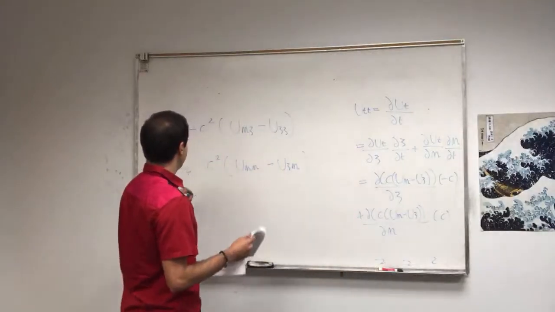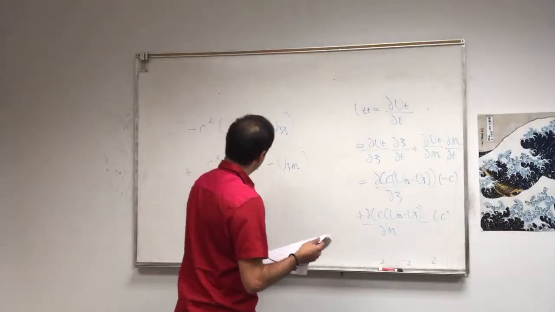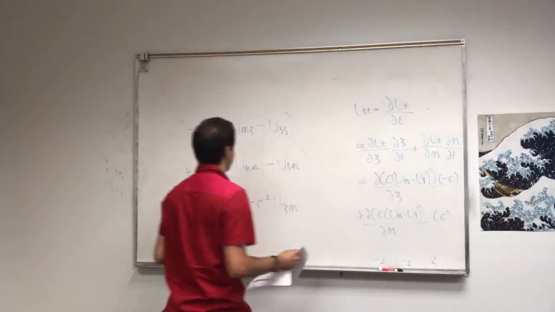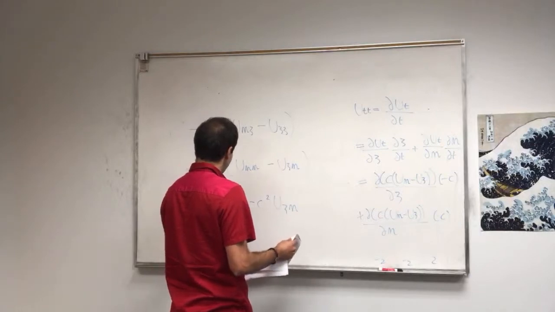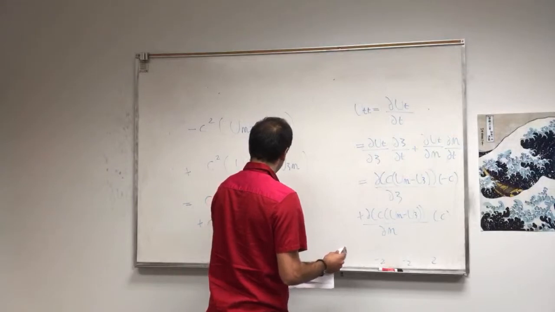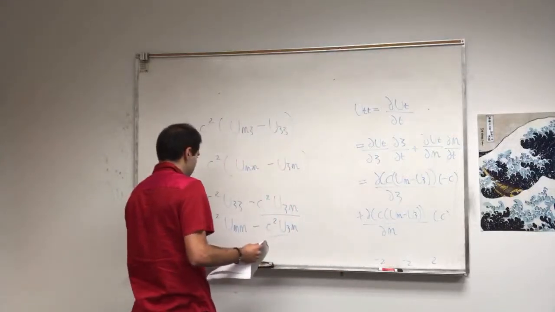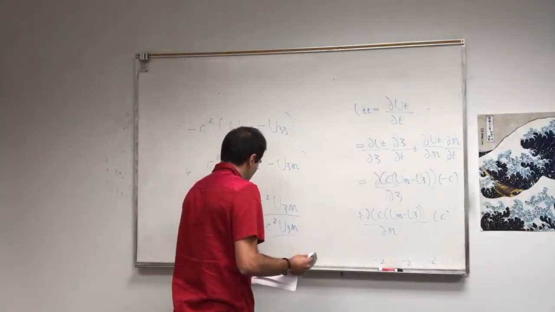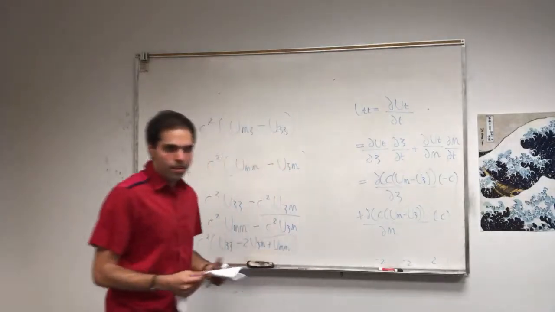If you calculate that, you get c squared u xi xi minus c squared u xi eta, plus c squared u eta eta minus c squared u xi eta, since eta xi is xi eta in terms of partial derivatives. Those come together and we get c squared times u xi xi minus 2 u xi eta plus u eta eta.